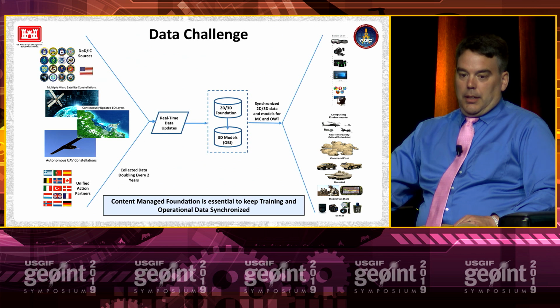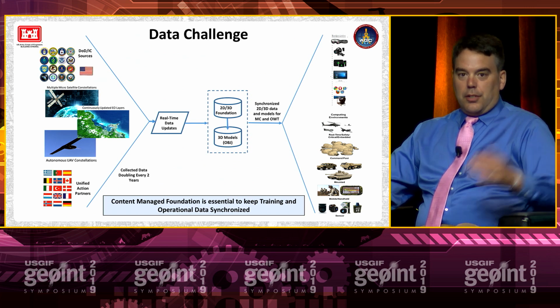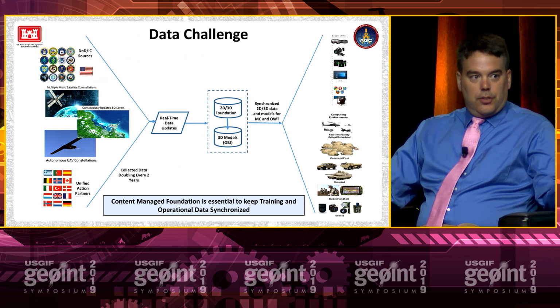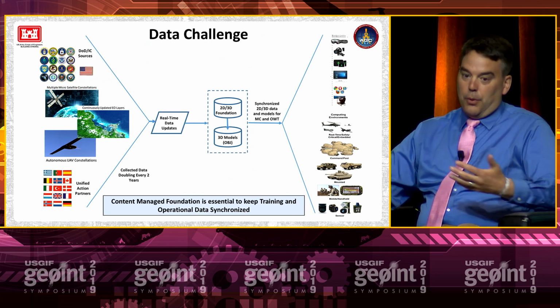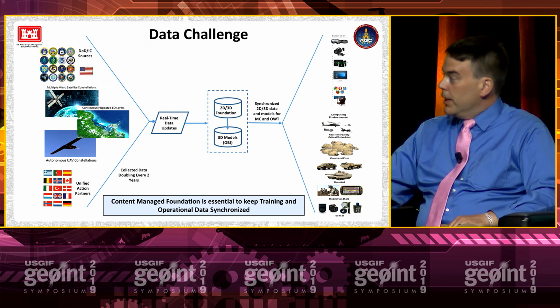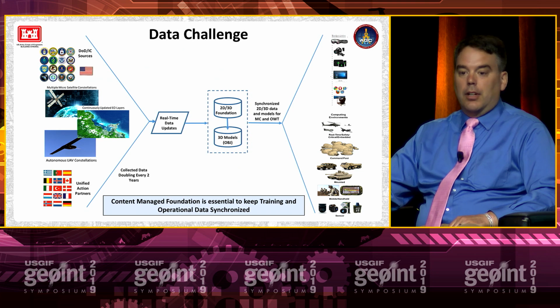So one of the big challenges is how do you take these fundamentally 2D design systems and 3D data, and how do we make those things work to meet that train as you fight paradigm that Isaac talked about.